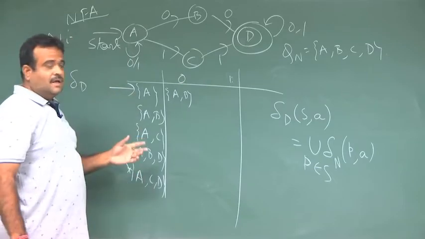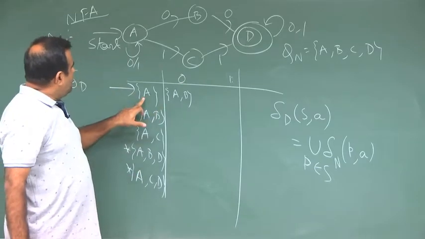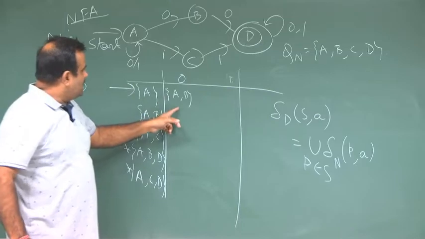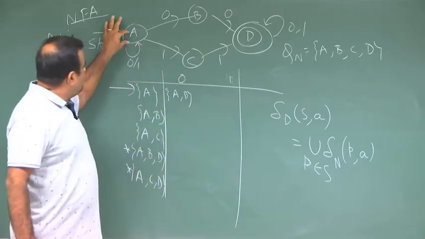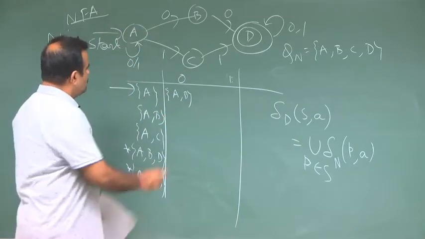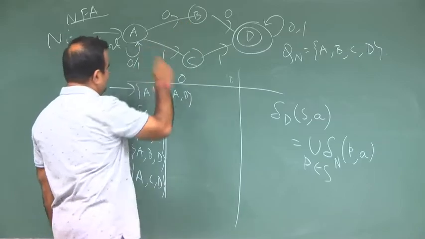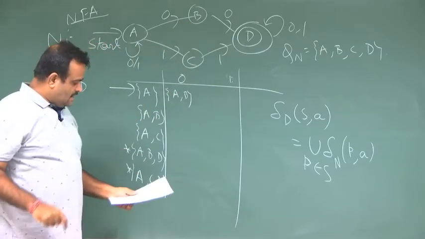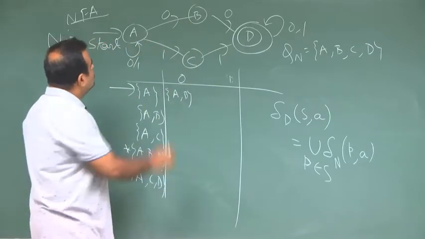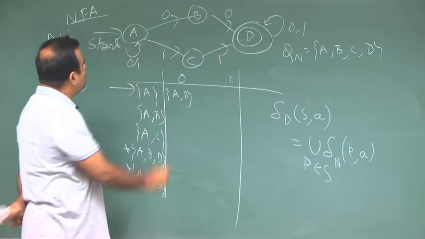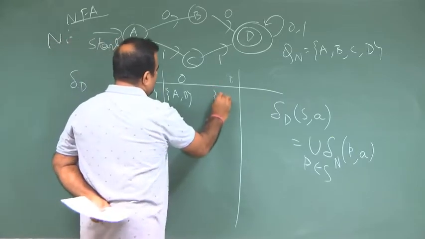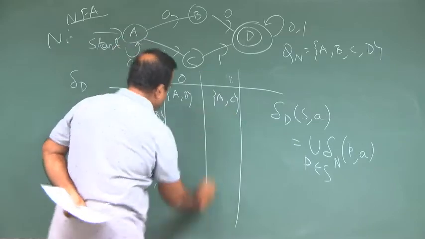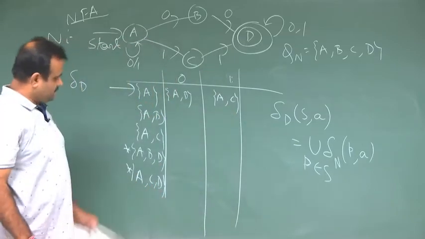Delta of A, here we have only one set. Delta of A is from A where we go by the 0 move. So, we are going to B and A, so AB. Now, with 1 from A we can go to A or we can go to C. So, this is AC.